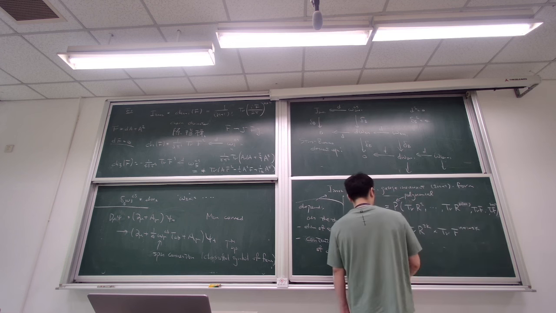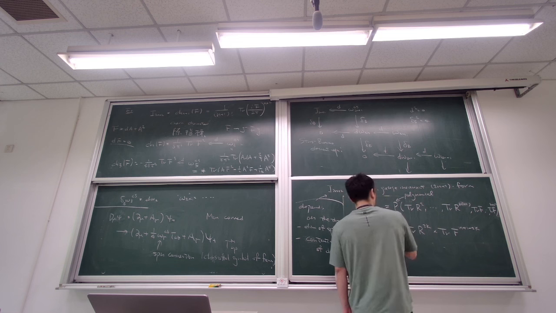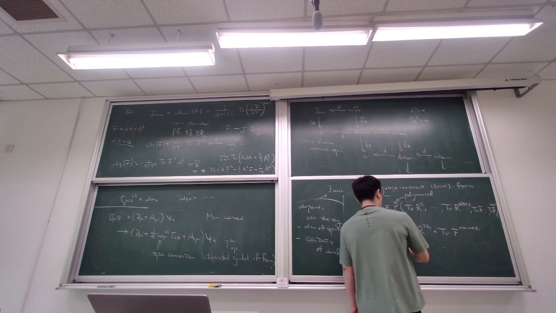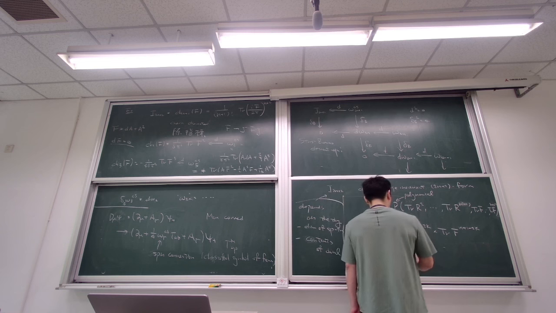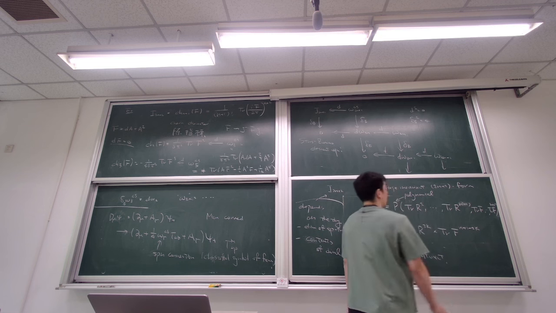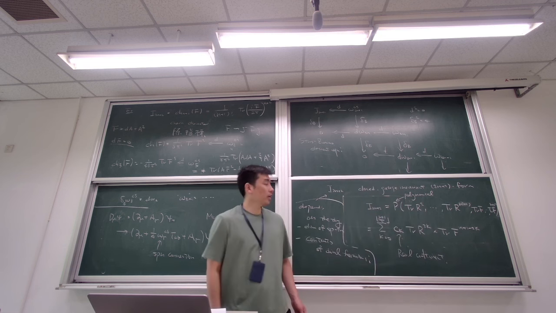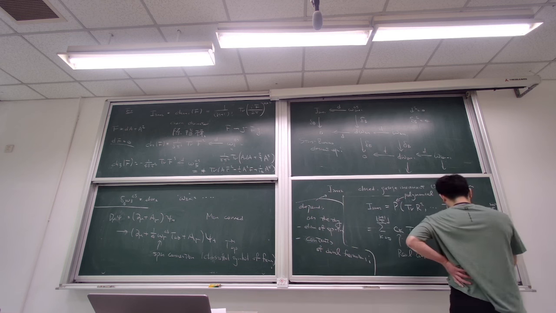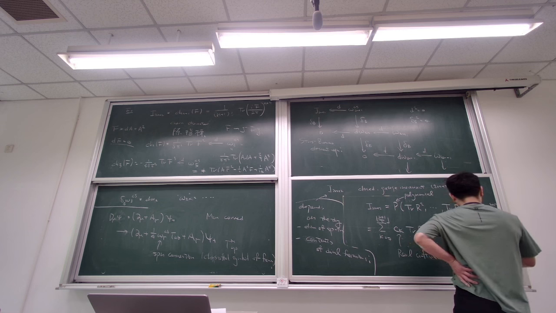So k runs from 0 to (n plus 1) over 2, and c_k is some real coefficient. Here R is the curvature of the spin connection. R^ab is d omega^ab plus omega^ac omega^cb.